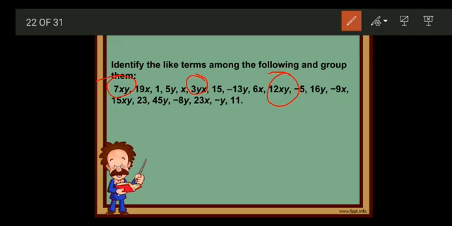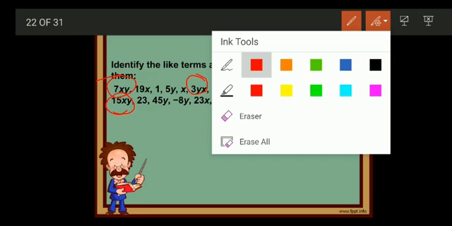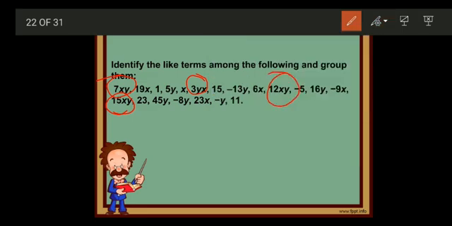Minus 5y, 16y, minus 9x, 15xy. Right. Any other term having xy factor? No. Right. So 7xy, 3yx, 12xy, 15xy are like terms.